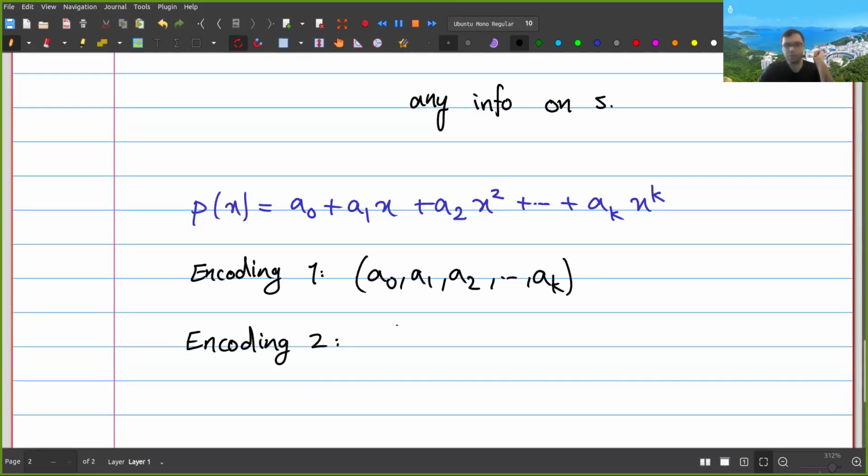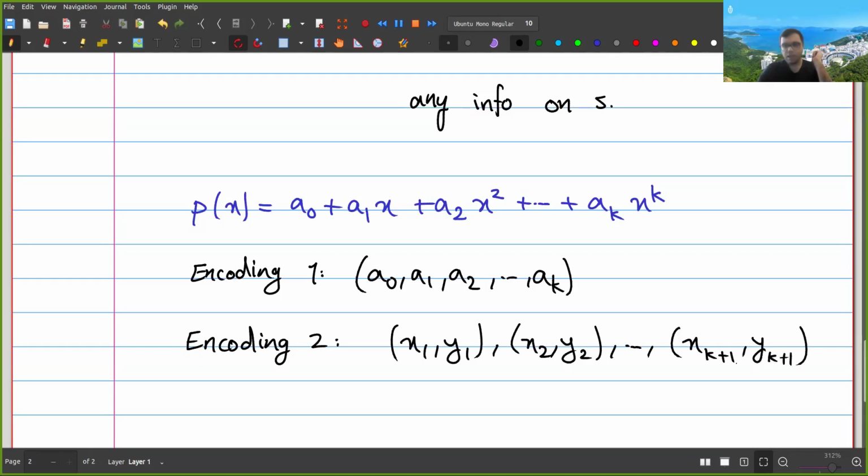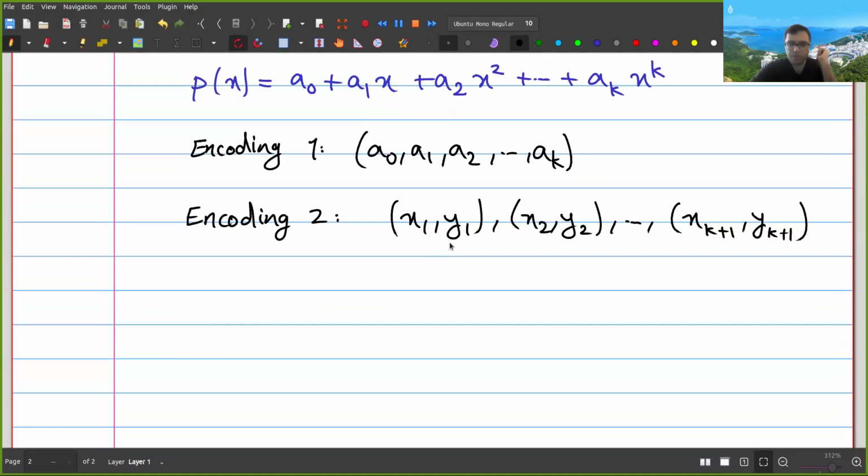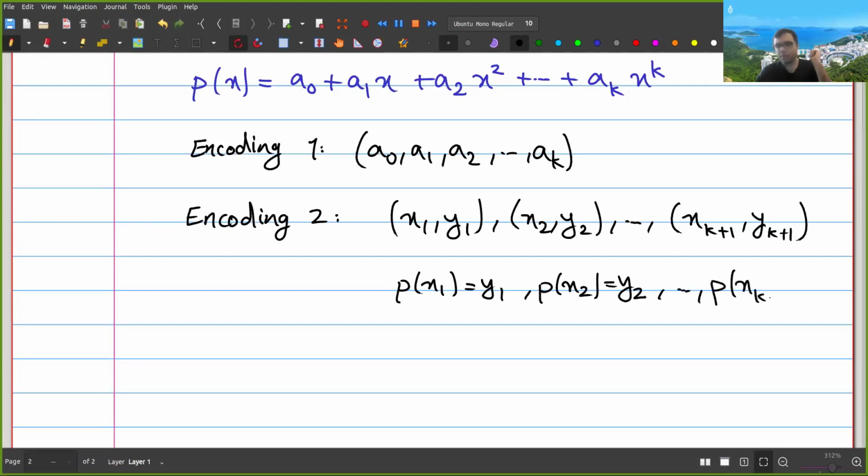I will just give you x1, y1, x2, y2, and so on, to xk plus 1, yk plus 1. And what I'm telling you is that basically p of x1 is y1, p of x2 is y2, and so on, and p of xk plus 1 is yk plus 1.